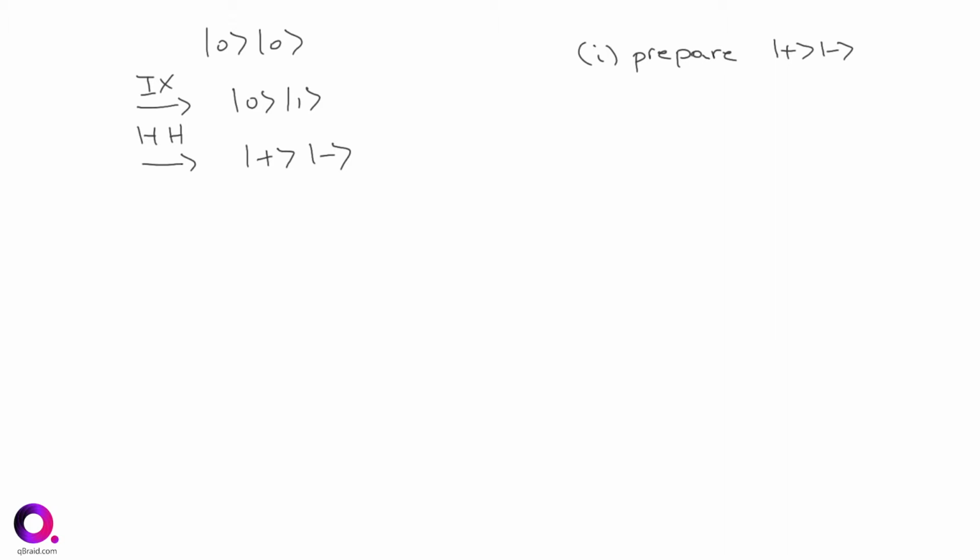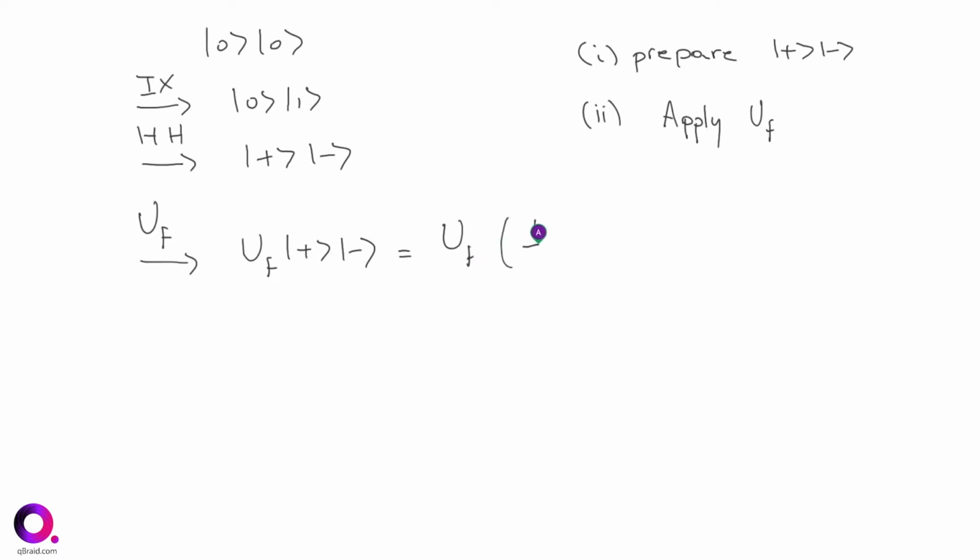Now the second step is to apply the gate UF. And so this results in the following state: UF, ket plus, ket minus, which we can rewrite as UF applied to the first qubit, 1 over square root of 2 ket0 plus 1 over square root of 2 ket1, and the second qubit in the state minus.